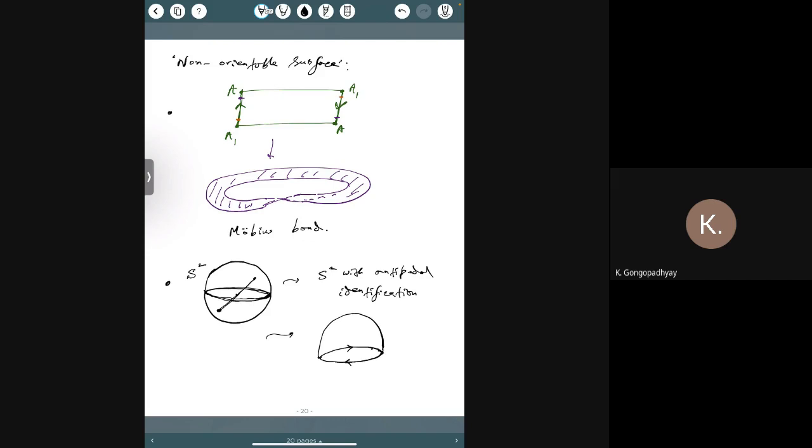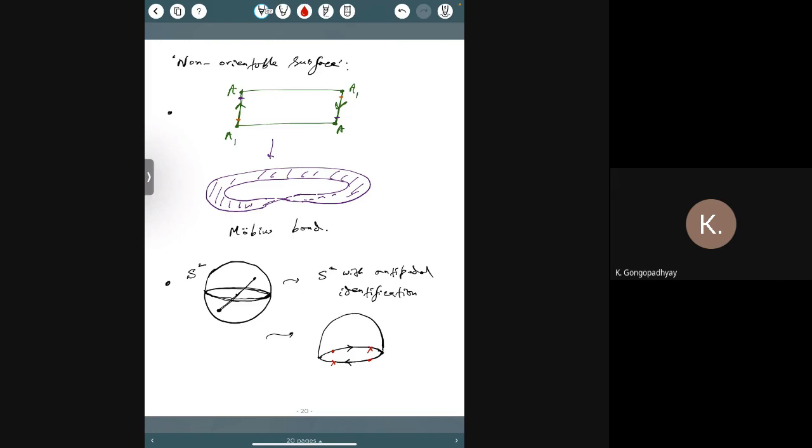All right, so let me change color so that it will be more visible. This will identify with this somewhere, and this will identify with this somewhere, right?